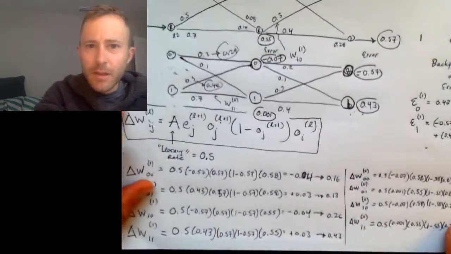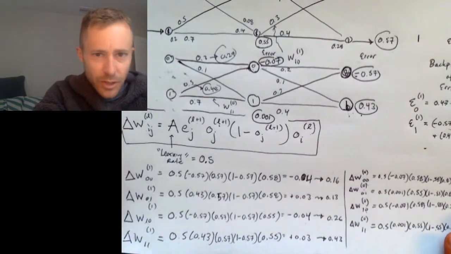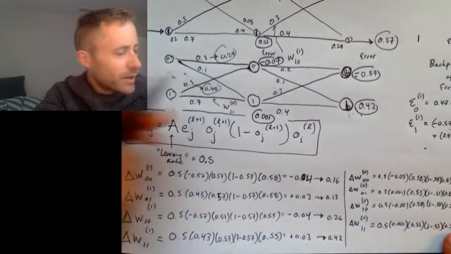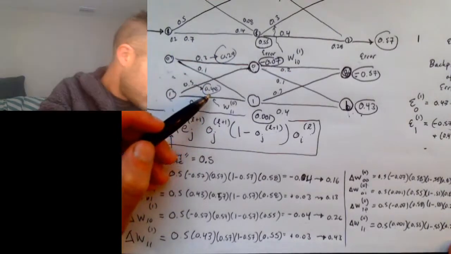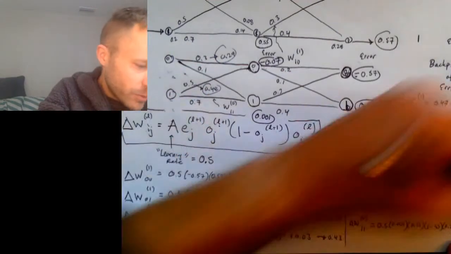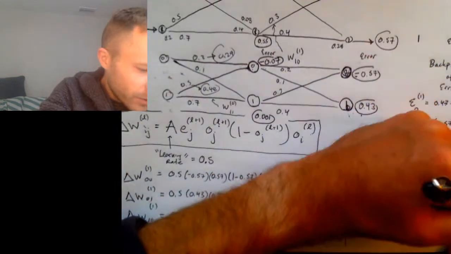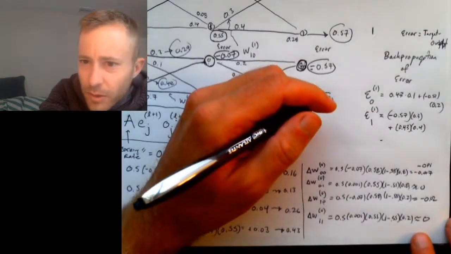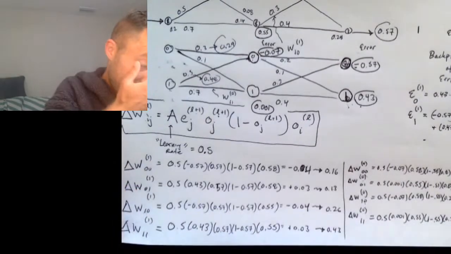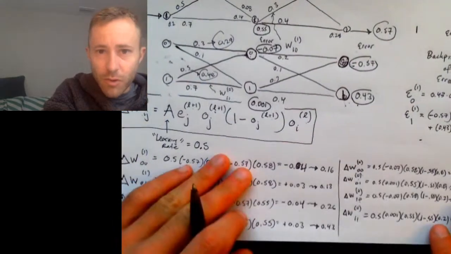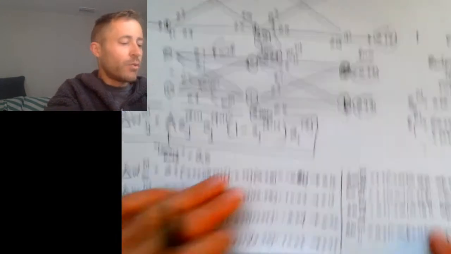And then the other ones remain unchanged. So I subtracted 0.1 and 0.2 from, or this should be 0.01 and 0.02, I'm sorry. Okay, so now I'm going to redraw the neural network with the new weights.